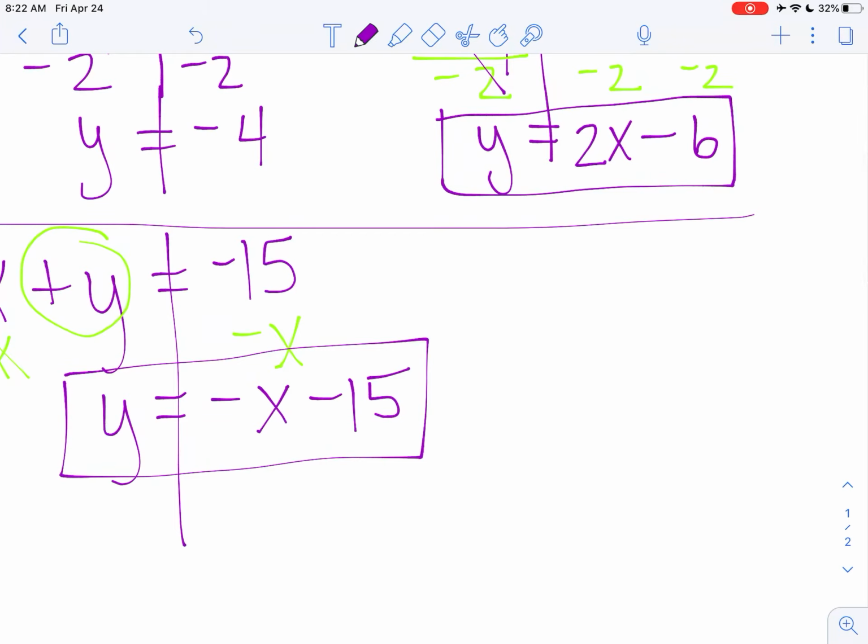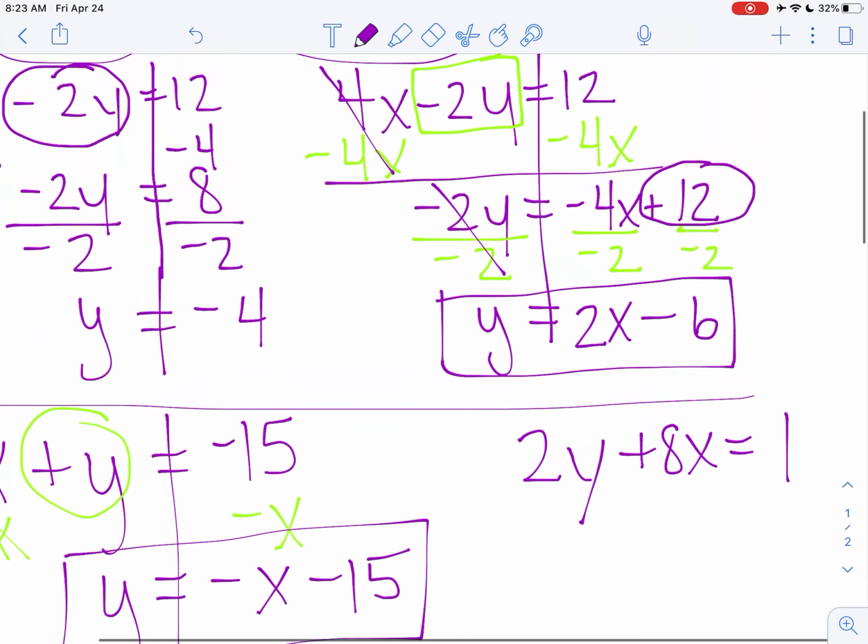Our last example is 2y plus 8x is equal to 1. Now this one looks a little bit different than the one we were given up here because the x was first and the y was second.